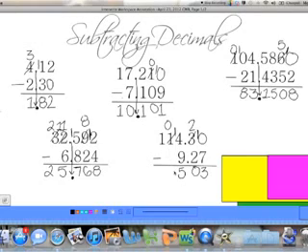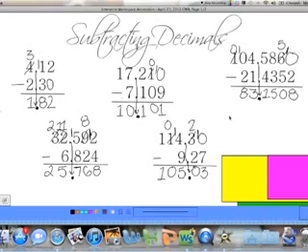And then 0 minus nothing, still 0. 1 minus nothing, still 1. Last step, bring down that decimal point. And our final answer is 105.03.